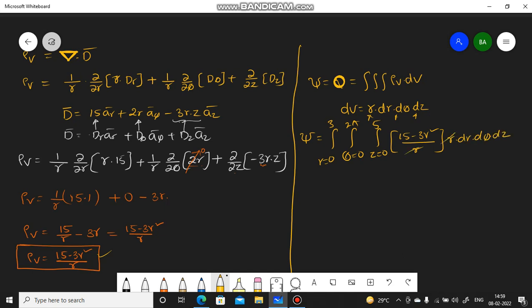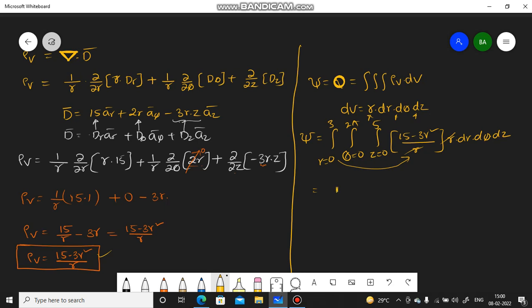So here r gets cancelled, and we evaluate the integrand with respect to r, since the integrand is in terms of r only. There are no phi and z terms in the integrand, and that is the reason we do the integration with respect to r first.